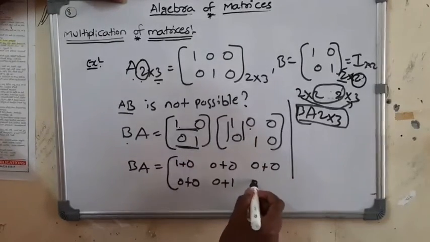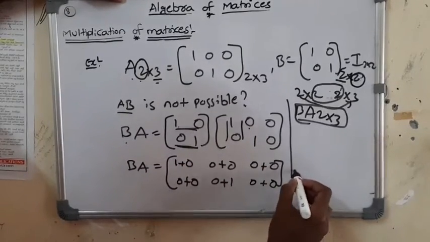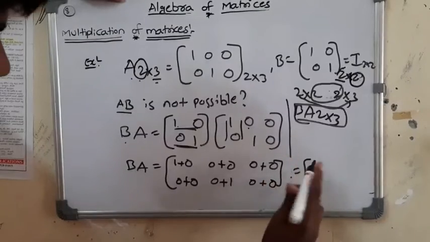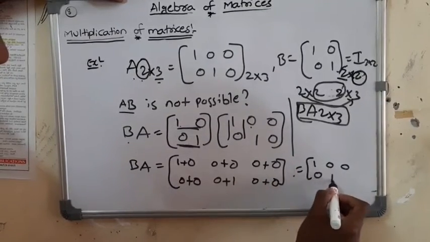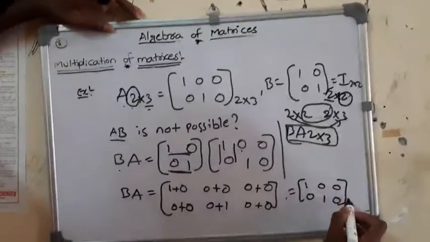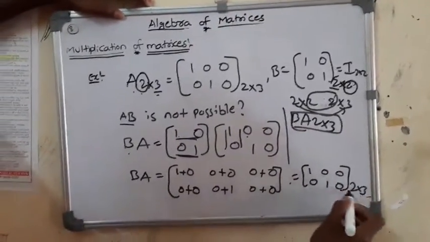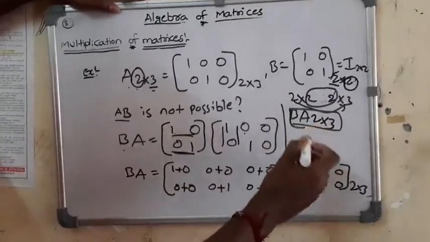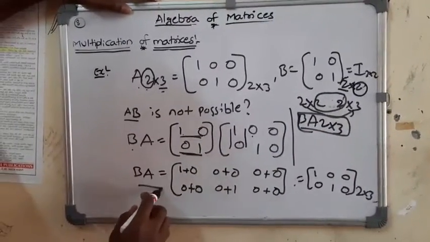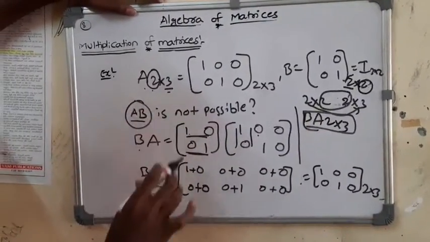And third column 0 plus 0, which equals 0. So we get 1 0 0 0 1 0, which is a matrix of order 2 by 3, 2 rows and 3 columns. That's it. In this way we can easily calculate the BA matrix, but here AB is not possible.